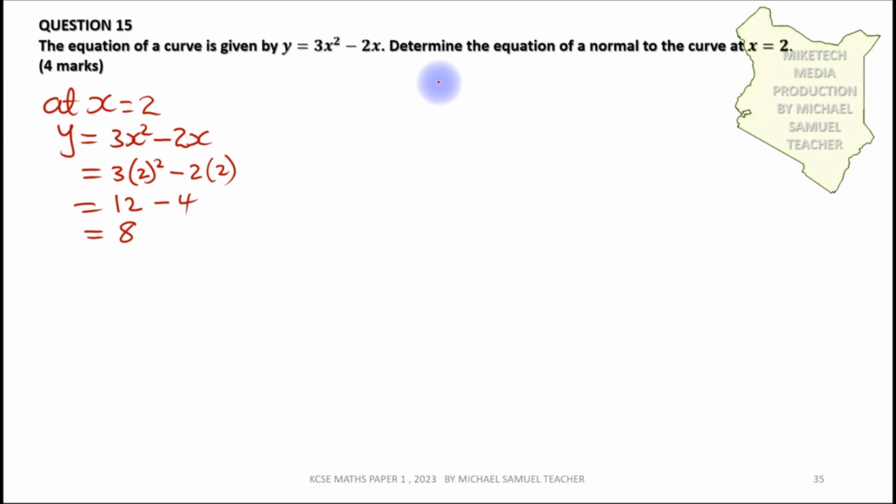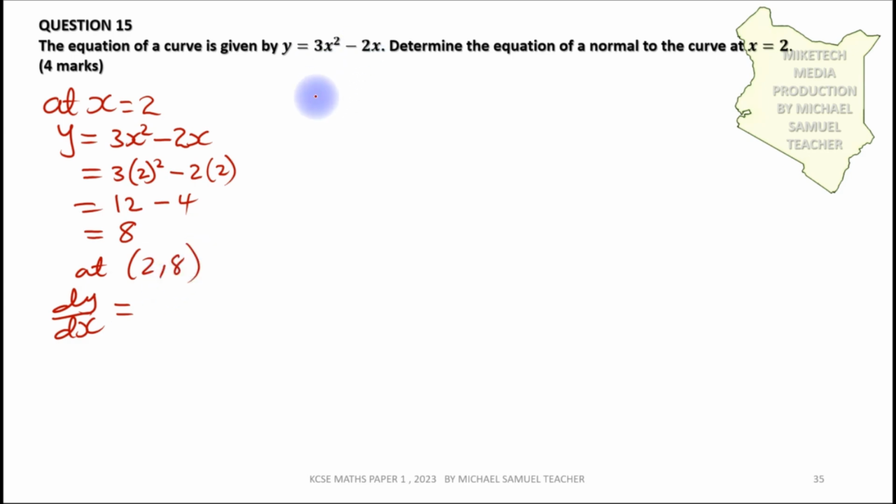Therefore, we need to determine the equation of the normal, and in that case, what will be the gradient function at the point (2, 8)? So dy/dx will be given by, we differentiate the equation given.